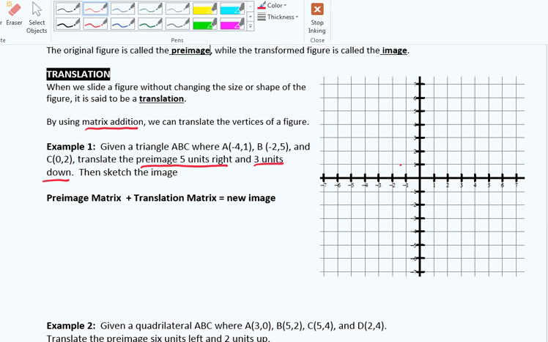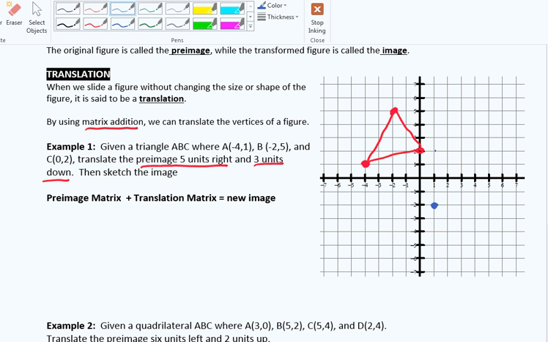Okay. Now you could do this on a coordinate plane. So I've got -4, 1, -2, 5, and 0, 2. There is my original image. And you could do this by hand. I want each to go 5 units right and 3 units down. So I could start here. I could go 5 units right, 1, 2, 3, 4, 5, and 3 units down, 1, 2, 3. That would put me there.